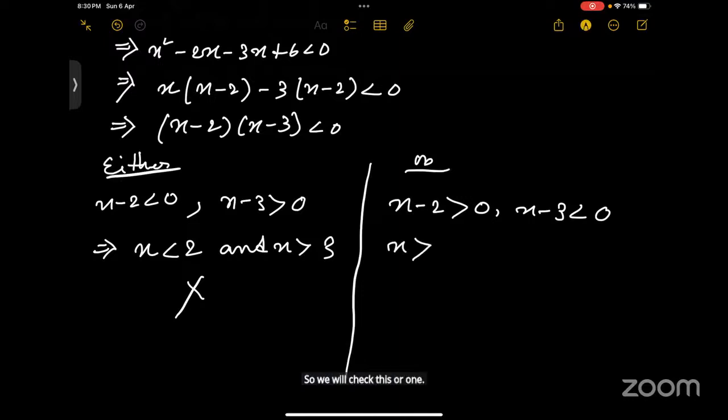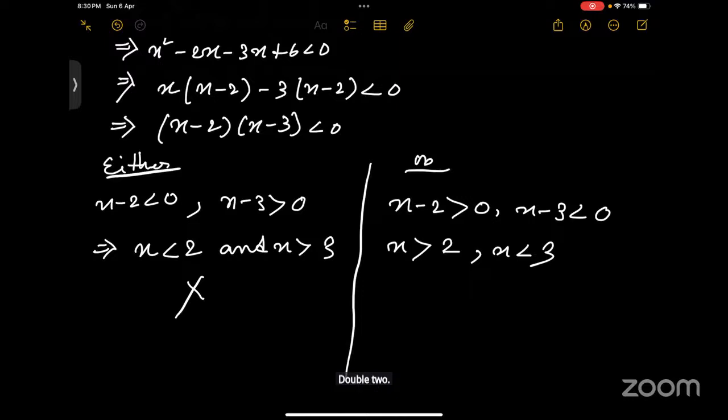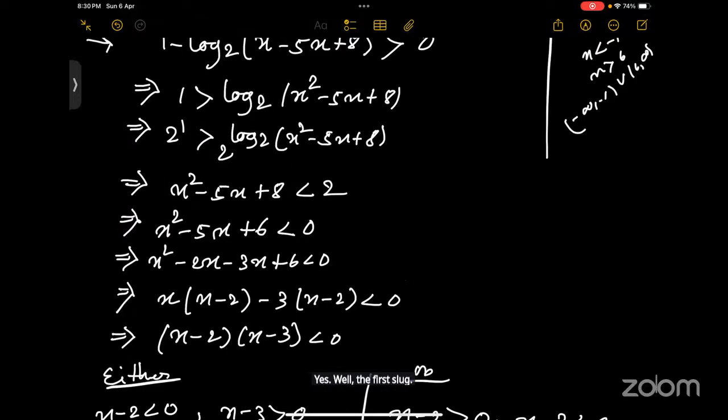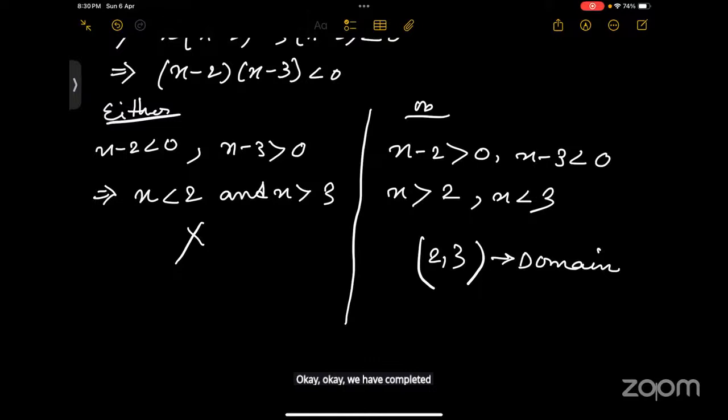Here we have x is greater than 2 and x is less than 3, right? That means from here we can find the interval (2, 3), right? So this will be the domain for the whole function. Okay, we have completed.